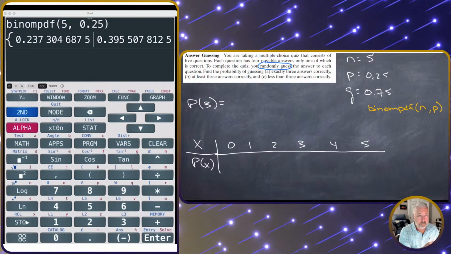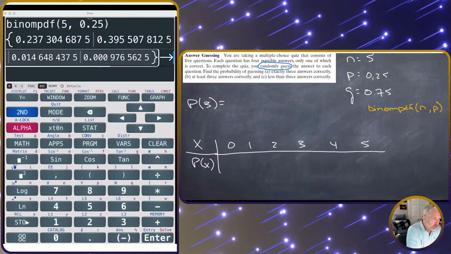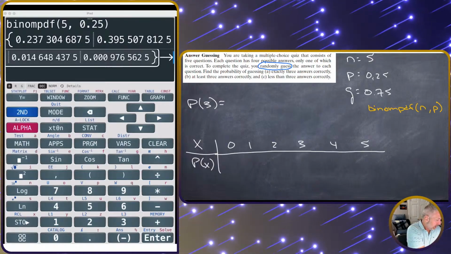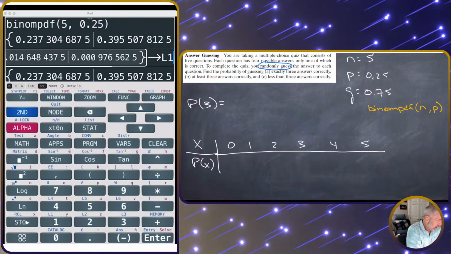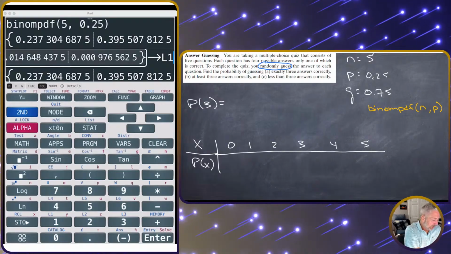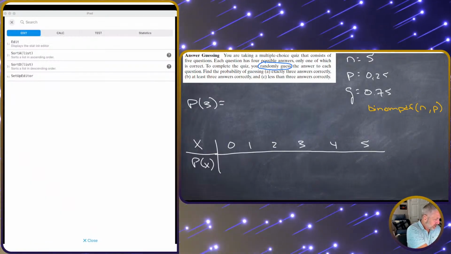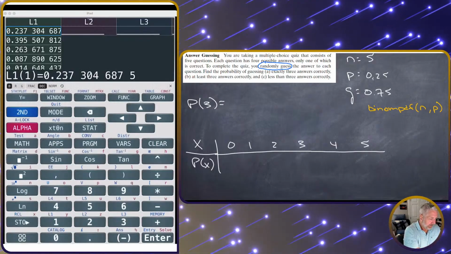Now I've got all of them labeled across. I'm not going to go up and scroll through and pull them out. What I'm going to do is store them, STO, and I'm going to store it to L1. Okay. Then I'll have them all in my table. So then I go to Stat, Edit, and there they are.